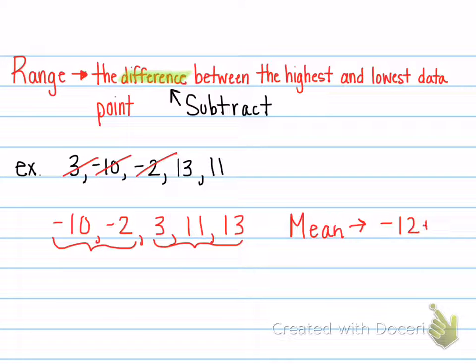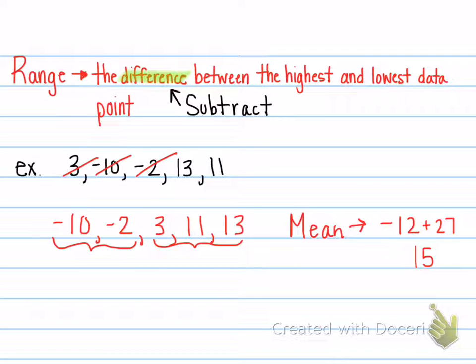So I have negative 12 plus 27. I'm adding numbers with different signs, so I subtract, I get 15, and give the sign of what I have more of. I have more positives than negatives, so that adds to positive 15.